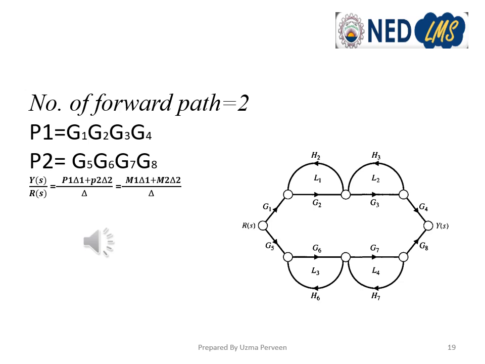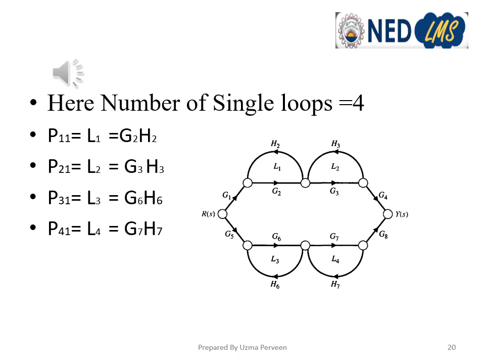So now we will calculate the del i's to complete Y(s) upon R(s). In the second step, we always calculate the number of single loops to calculate the value of dels. Here we have just discussed that we have four loops.